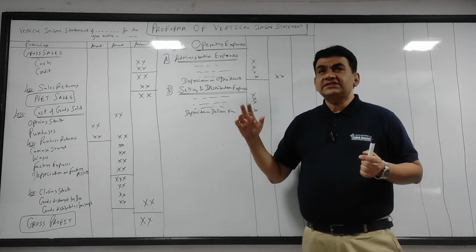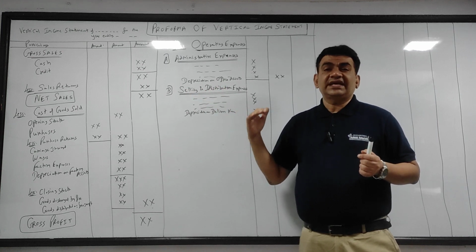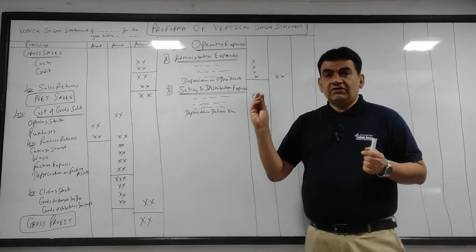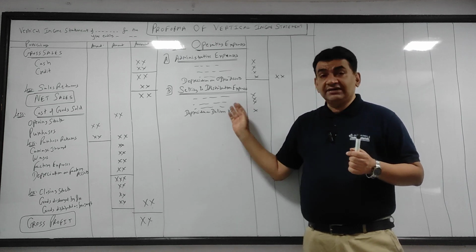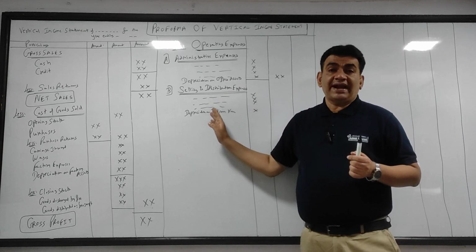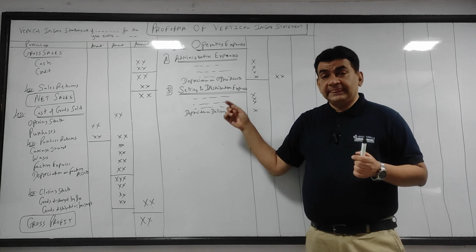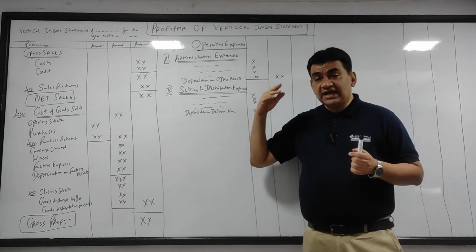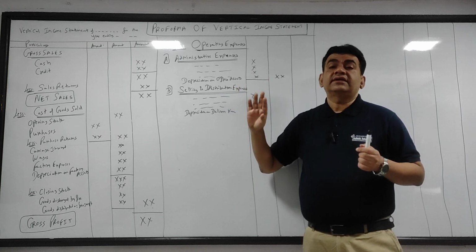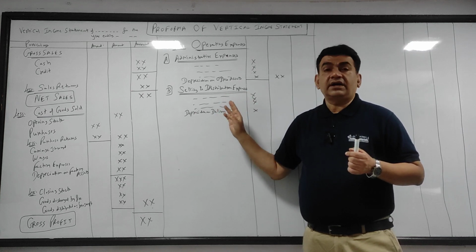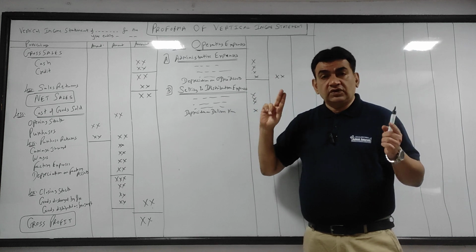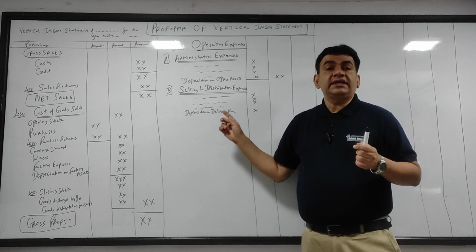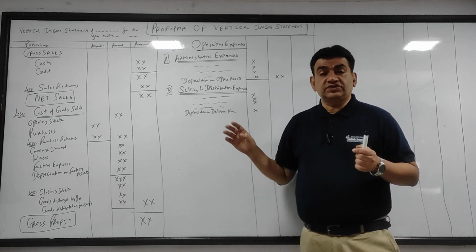You know what is the normal trend? Suppose if the company is selling goods on credit, they have certain norm. 1% bad debts होता ही है. So up to 1% is taken as normal bad debts, selling and distribution. और अगर 1% से ज़्यादा हुआ, then it is not a part of selling and distribution expenses. So normal bad debts will be a part of selling and distribution.